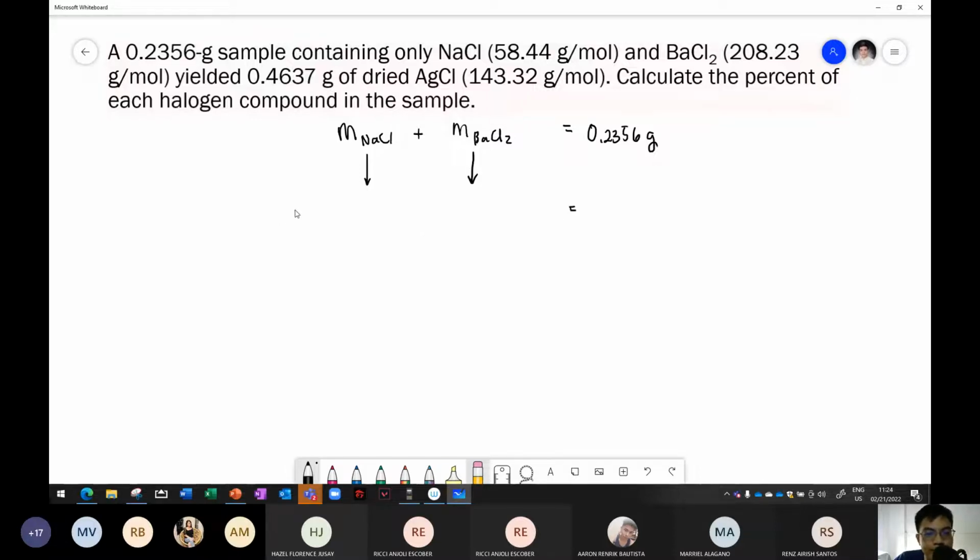The AgCl from NaCl plus the AgCl from barium chloride, when you add their masses together, has a total mass of 0.4637 grams.